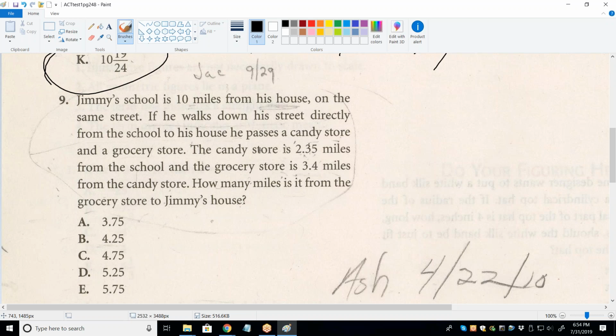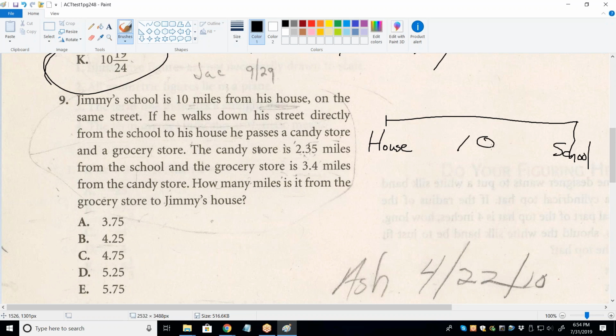So, figure this out here. Here's our picture. There to there. We're going to call this his house. And the school is 10 miles from the house. We know that's 10.